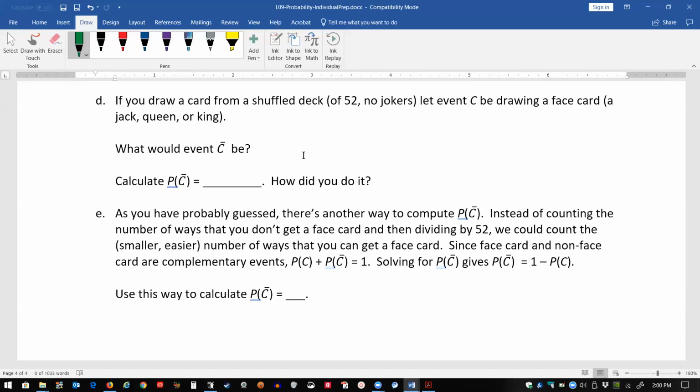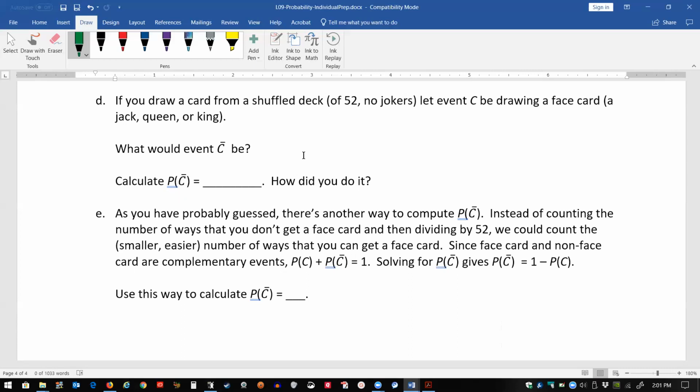So in this case, we're saying that event C is drawing a face card, a jack, queen, or king. Well, that means the possible cards that we could draw are a jack, queen, and king for all 4 suits. So there's actually 12 face cards in our deck.